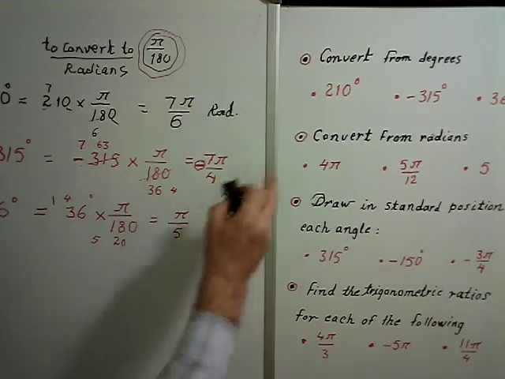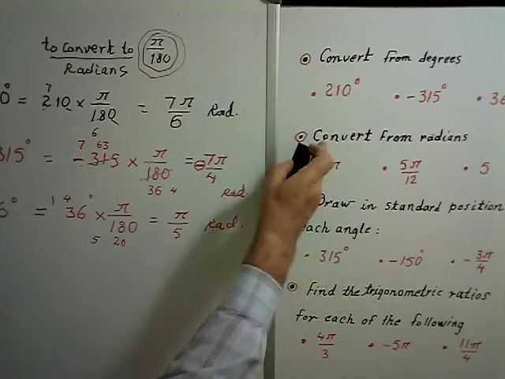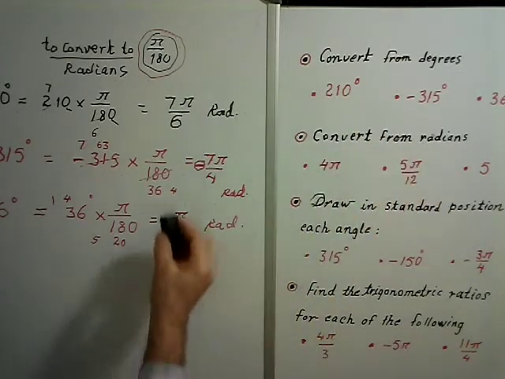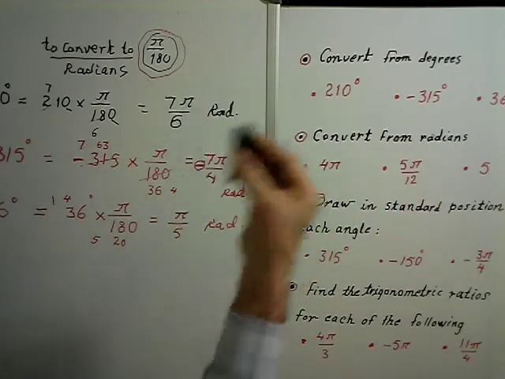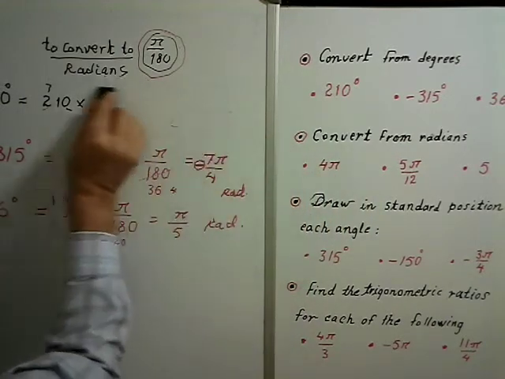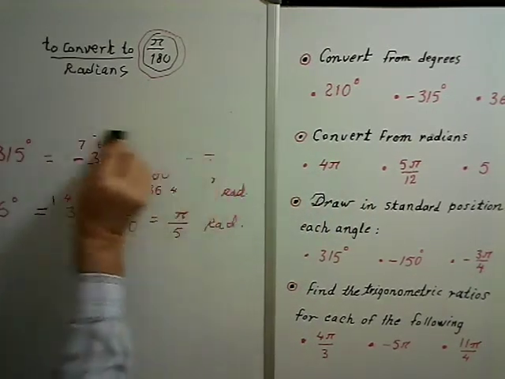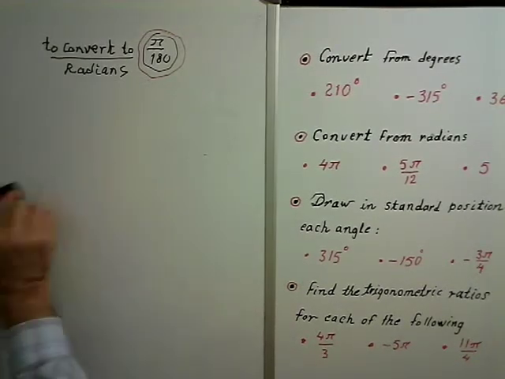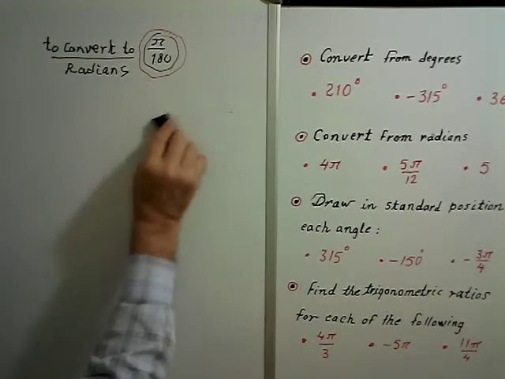Now let us do the inverse. Convert from radians: these angles are given in radians, and we need to convert them into degrees. So we do the inverse also.